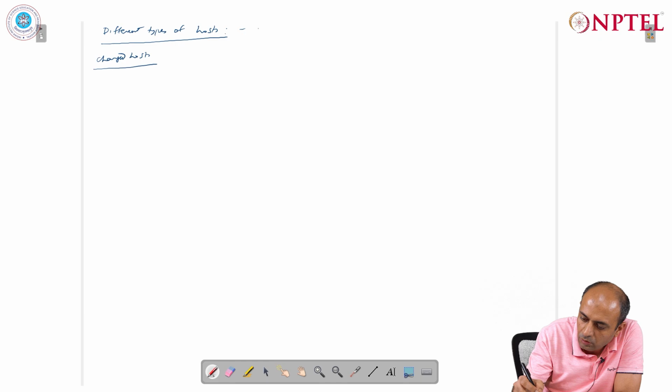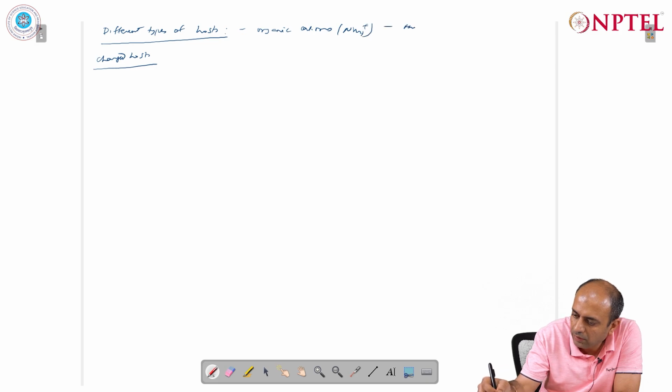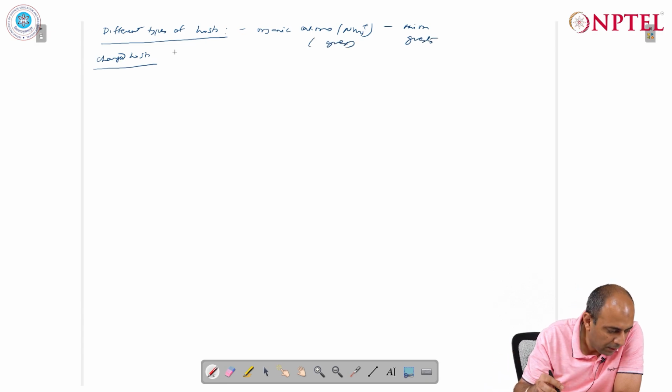Here we also looked at organic cations, such as ammonium, and we can also have anions as guests. These are organic cations as guests. So we can also have a charged species which can function as the host.